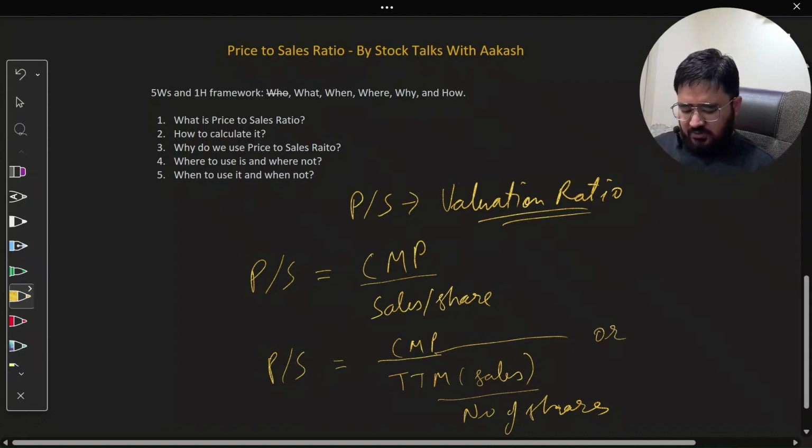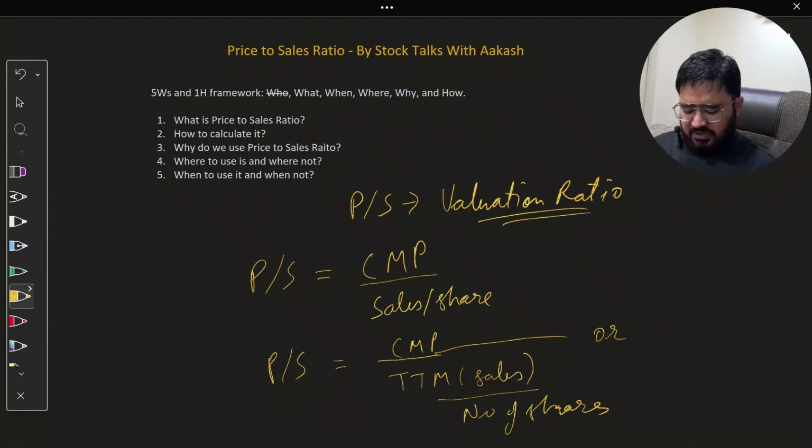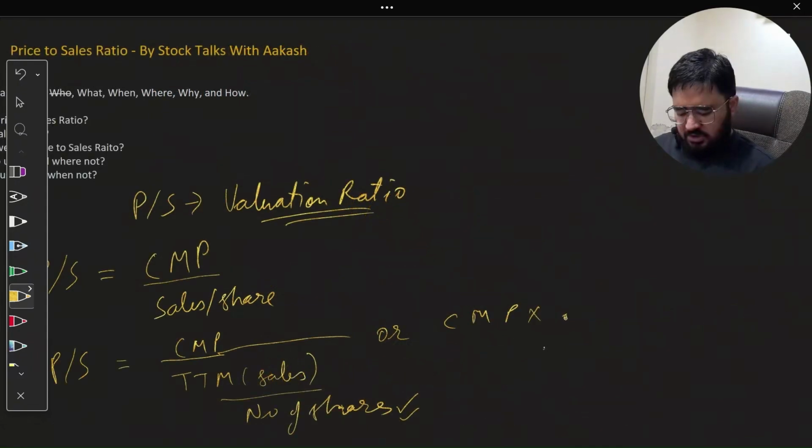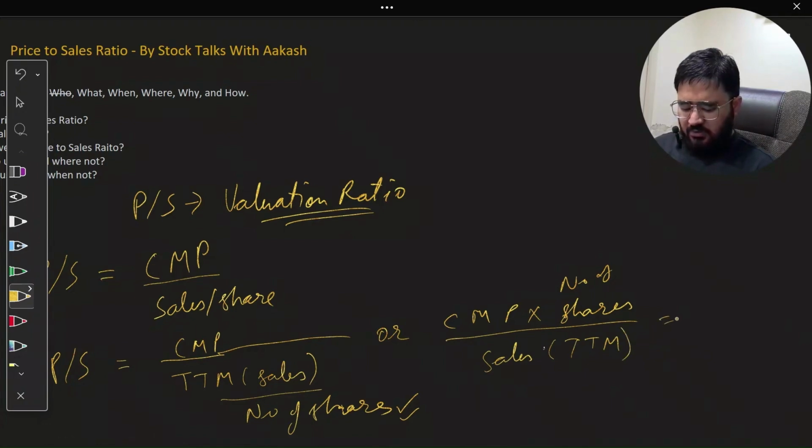Or if this denominator comes into the numerator, what happens is current market price into number of shares divided by sales trailing 12 months. What is it?